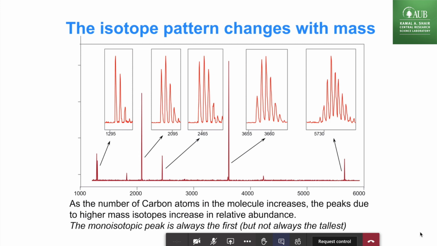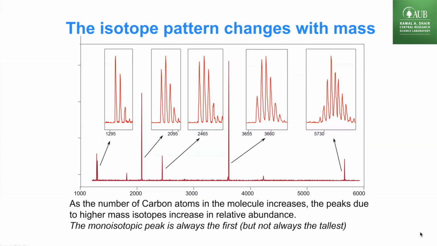Here we see across the mass range from 1,000 up to almost 6,000 that the isotope pattern, or let's say the isotope distribution, changes as the number of carbons changes. At 1,295, so almost 1,300, the all-C12 peak is still the tallest, the most intense, and 1 C13 and 2 C13s are less.